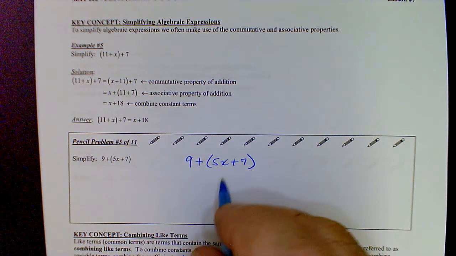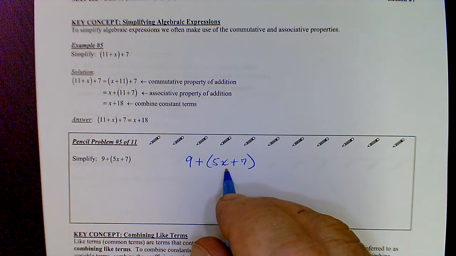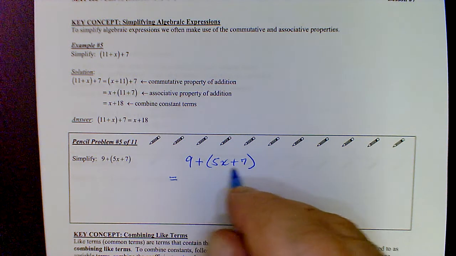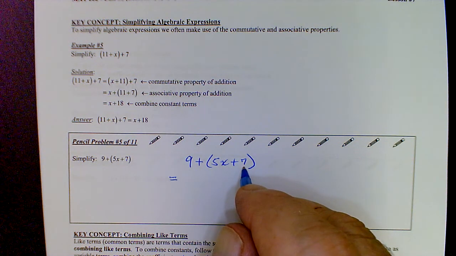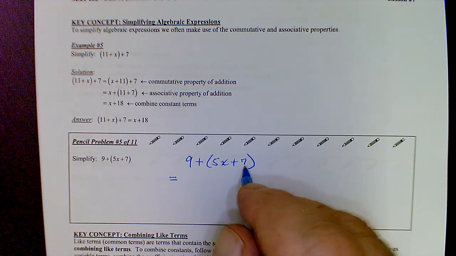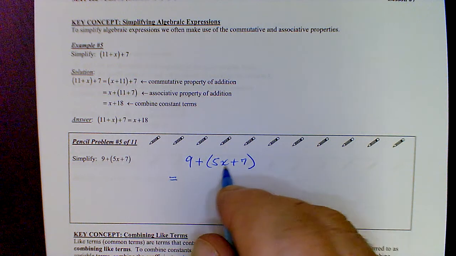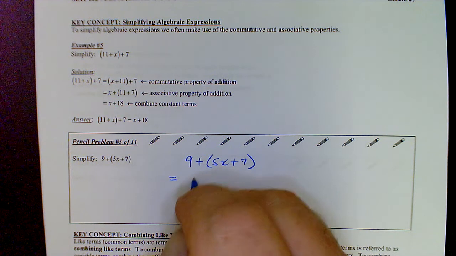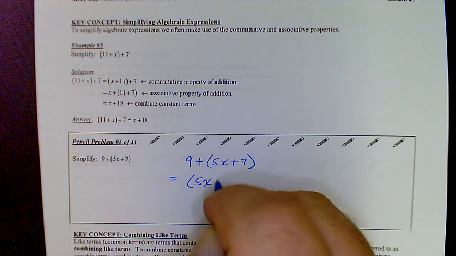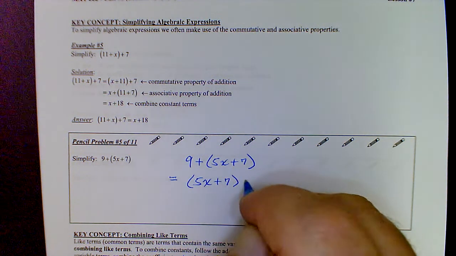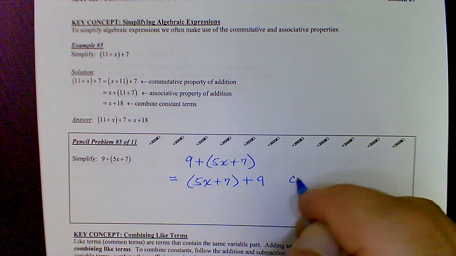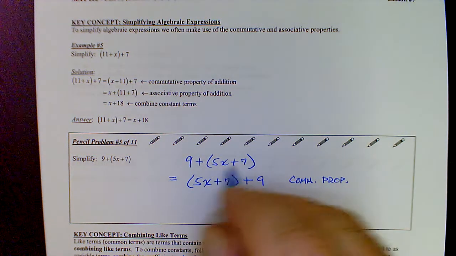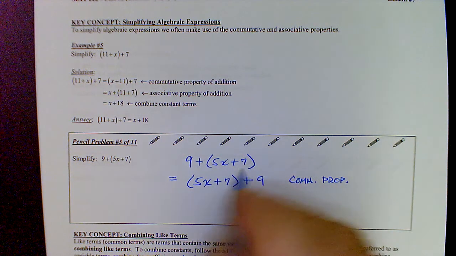So in this case, to simplify, instead of having the 5x grouped with the 7, I think the easiest way is to first use the commutative property, in an attempt to get the numbers together. So we'll switch around the whole thing that's in parentheses.